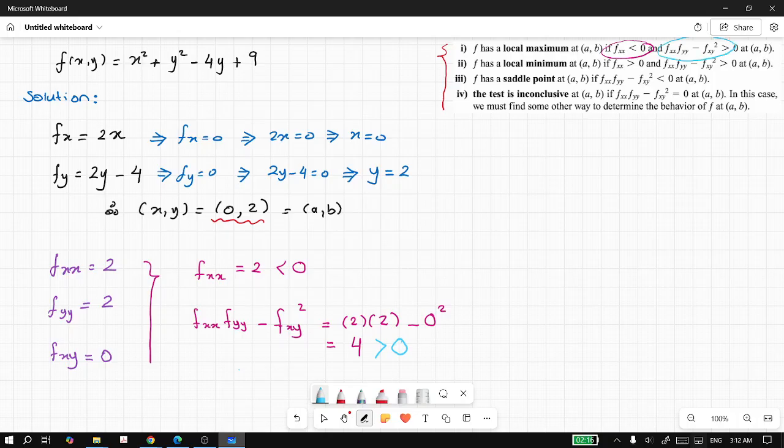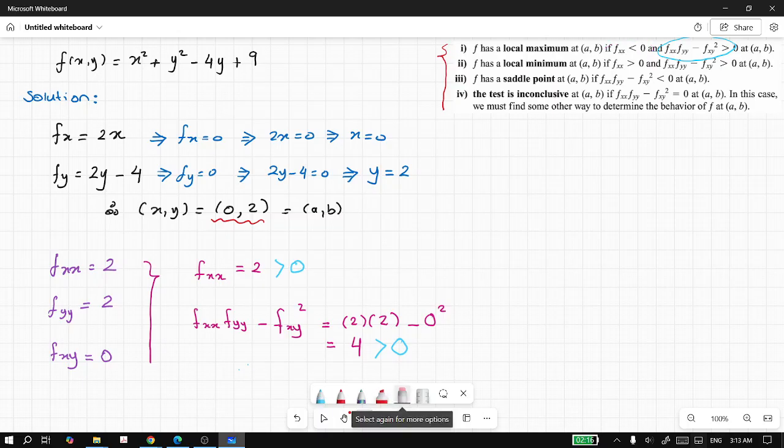Since you see that the discriminant is greater than 0, and f sub xx, which is equal to 2, and it's less than, sorry, 2 is greater than 0, I do not know why I have written that's less than 0. That is greater than 0.